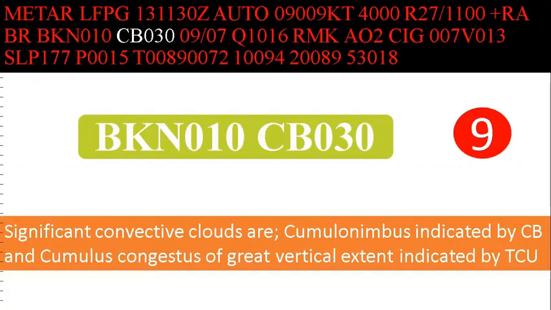Then significant convective clouds like CB or TCU are reported in METAR in the cloud group. So here we have mentioned broken 010 and our convective cloud is Charlie Bravo at 3000 feet.